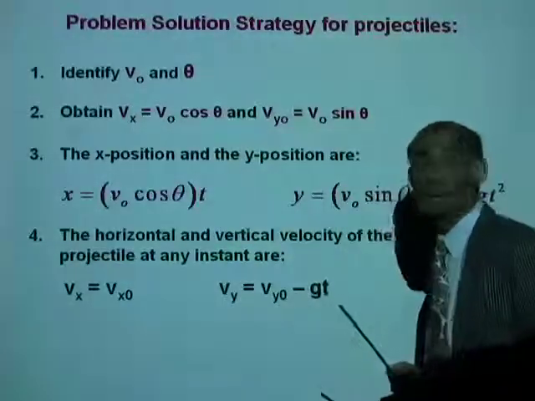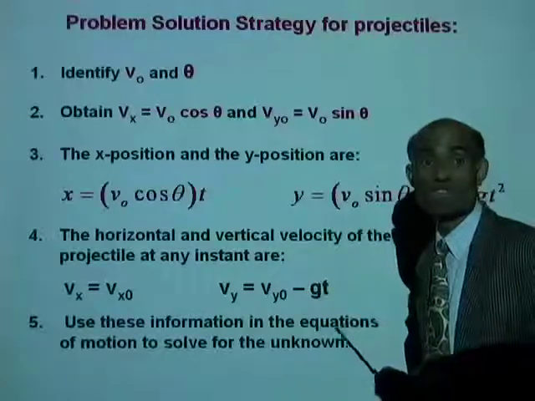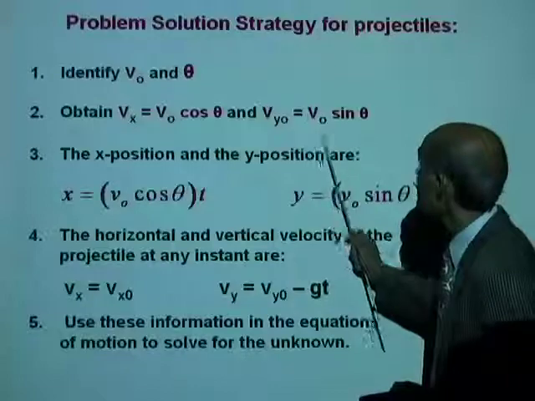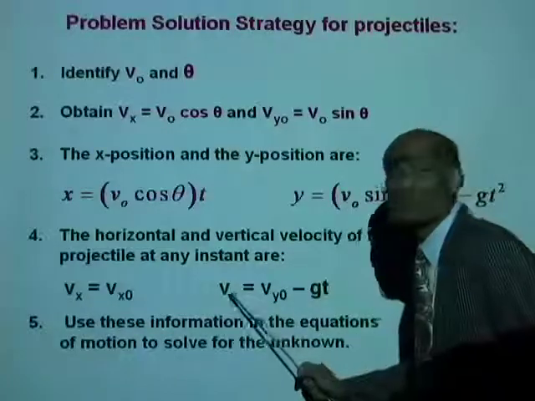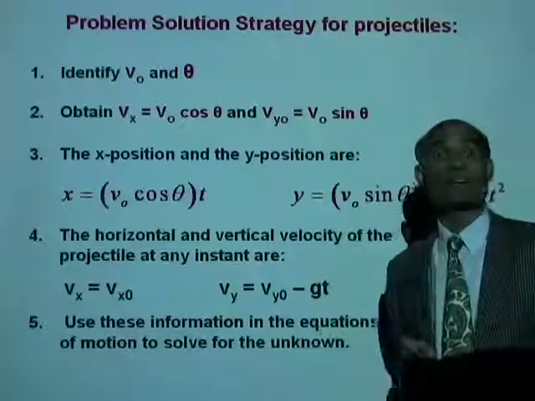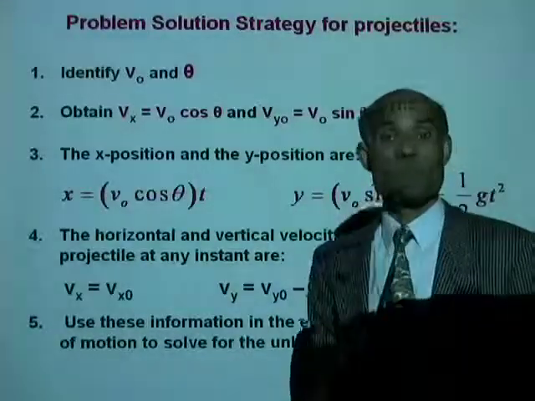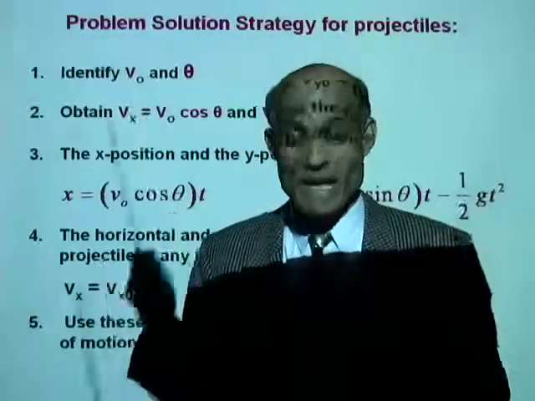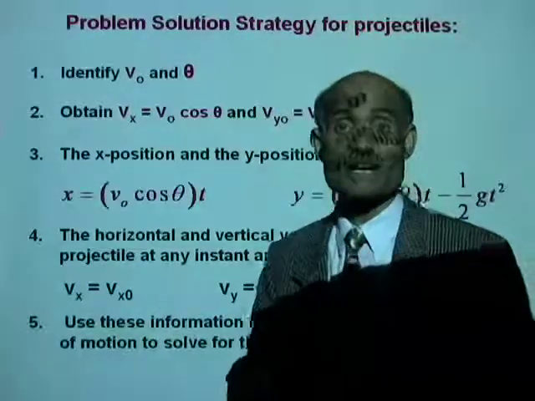Vy equals Vy0 minus gt, where Vy0 is v0 sin theta. So Vy equals v0 sin theta minus gt. Once you have these relations, you can actually solve any problems in projectile motion.